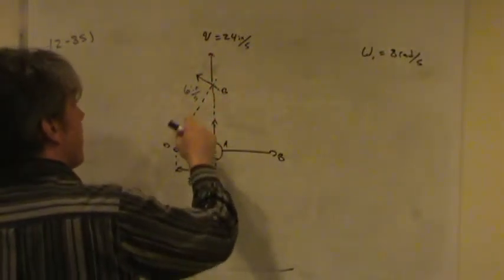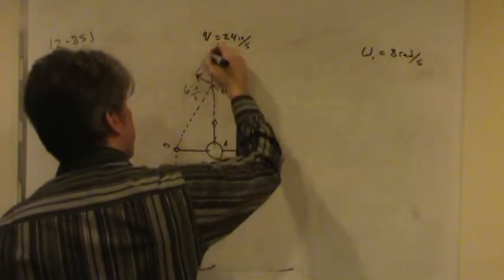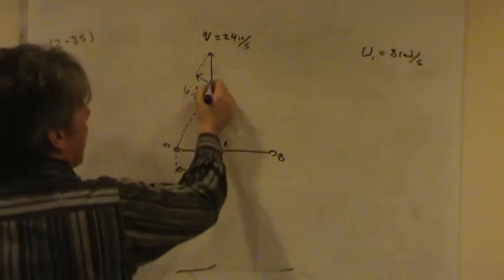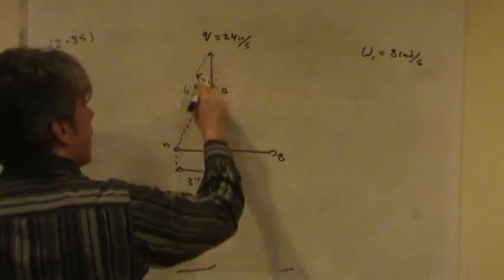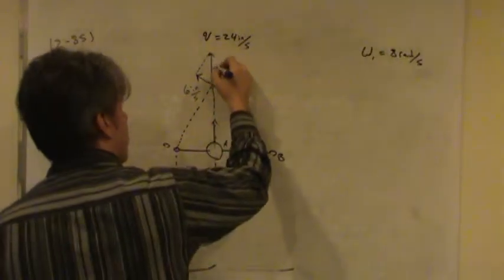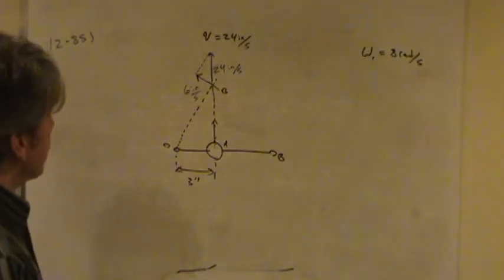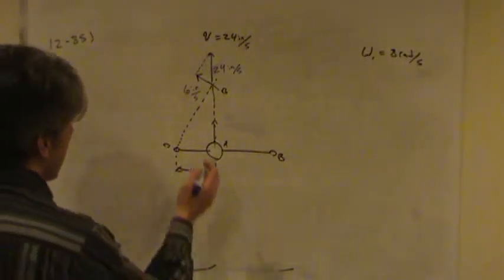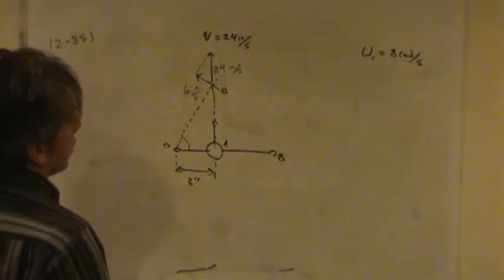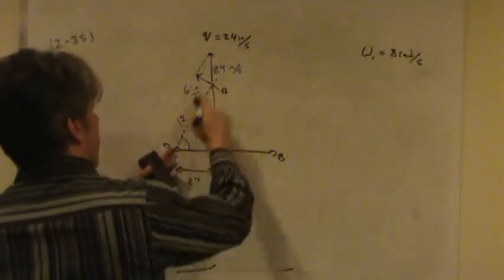And so what that means is that there must have been a component of this velocity in the transverse direction to the arm that was 6 inches per second when this was 24 inches per second. Now, it shouldn't surprise you, because if we're interested in the angle at which this happens, we've got a 12-inch side here because O to B is 12 inches.